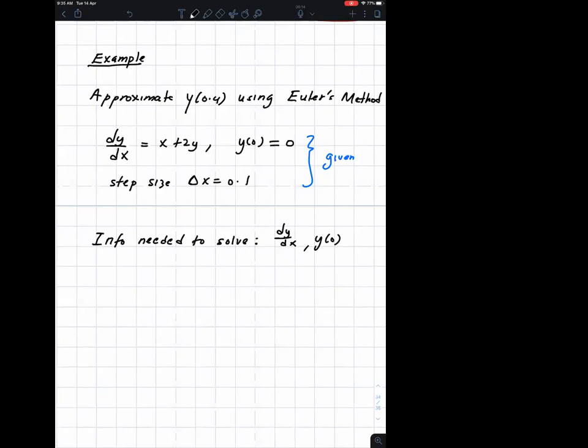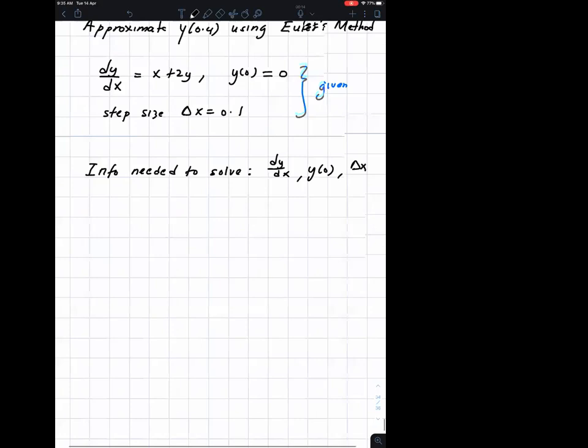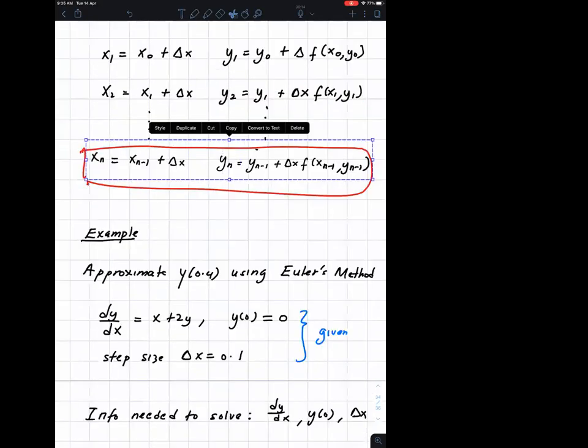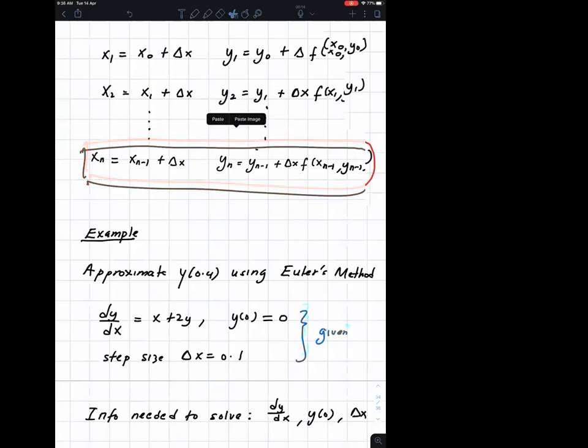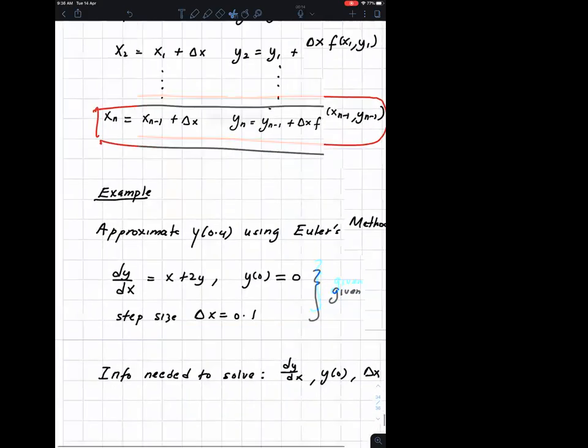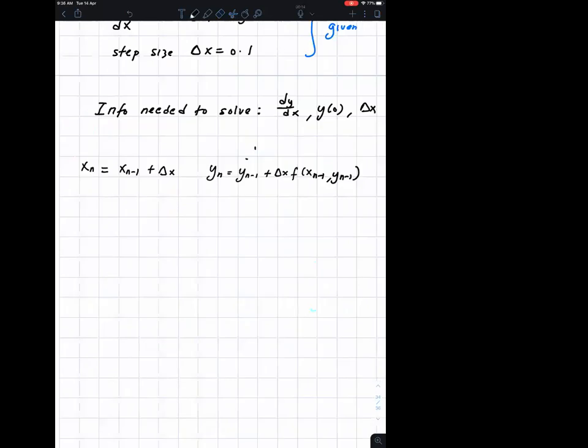Once you plug in x equal to 0, then you know what y is, right? That also is given to you. And delta x is also given. Next, you use this formula, bring this formula down here for reference. We are applying this formula.